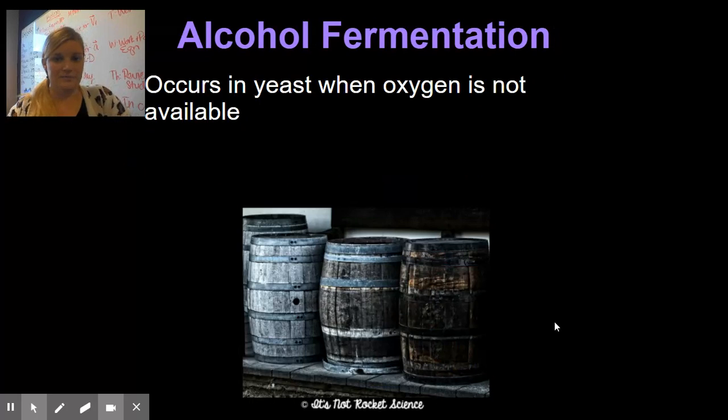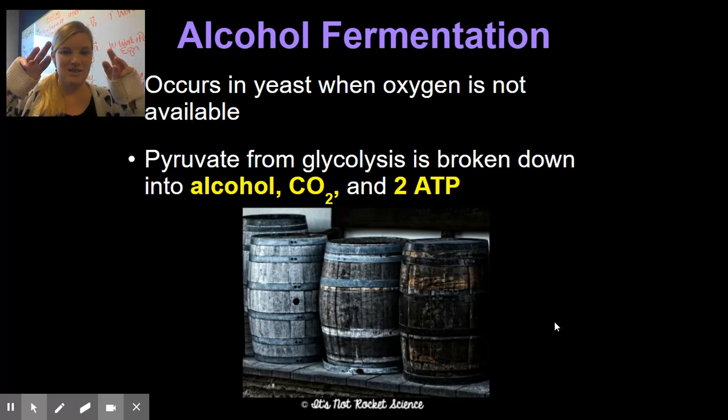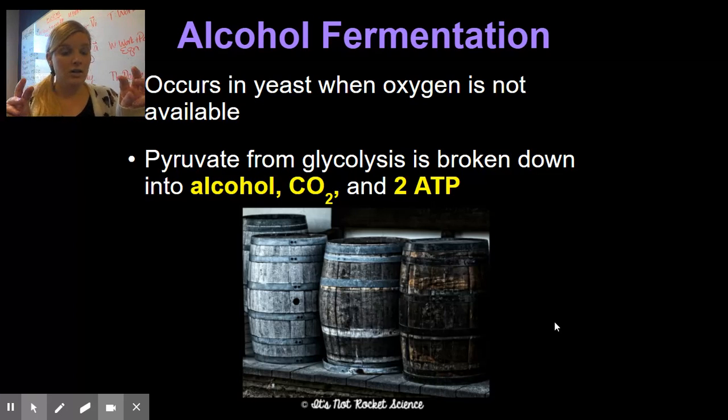Alcohol fermentation happens in yeast when we don't have oxygen. So the pyruvate from our glycolysis in our cytoplasm, when we break the 6 into 2 sets of 3, we are breaking them down then into alcohol, carbon dioxide, and still that 2 ATP that we got just from splitting them apart.